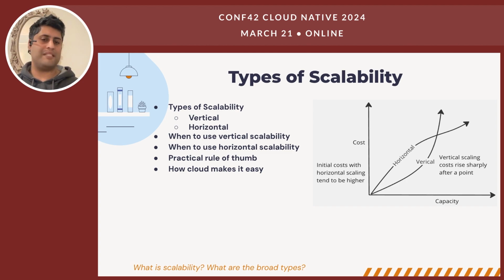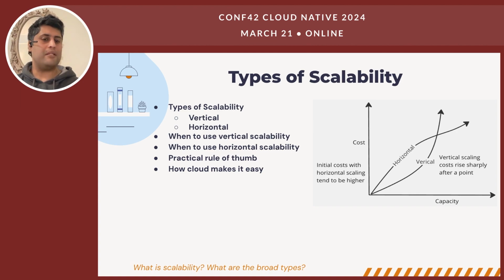Or if you have a CPU, you can go from i5 to i7 to i9 or whatever it is. Vertical scalability is where you just improve the size of the server that is holding your application. The advantage of doing it is you don't have to make any changes to your code. It's the same code, it just runs on a better system.